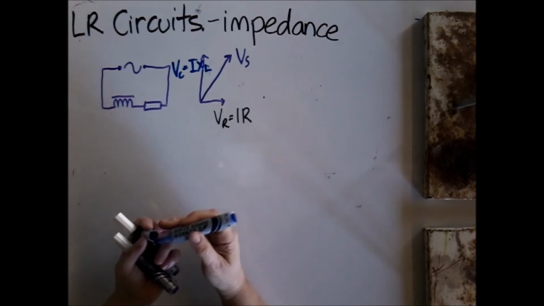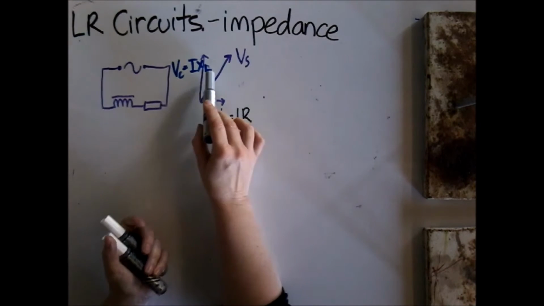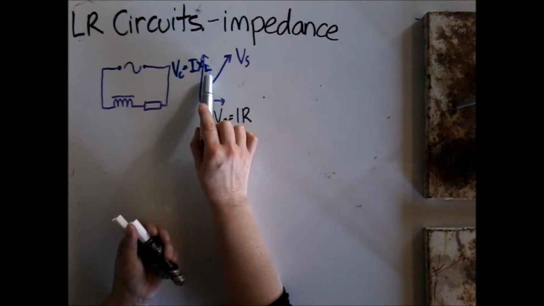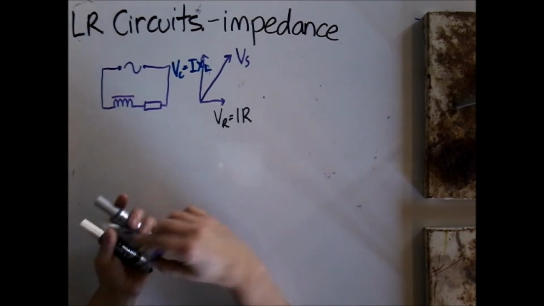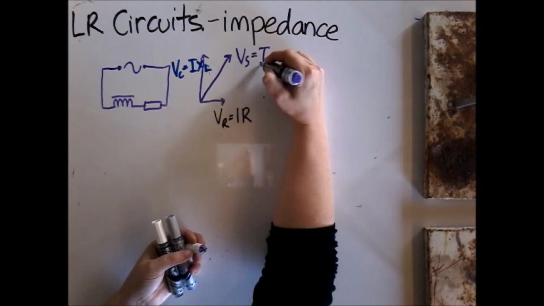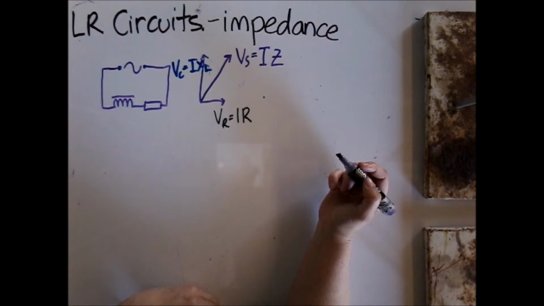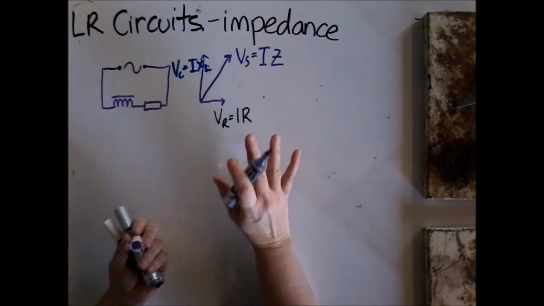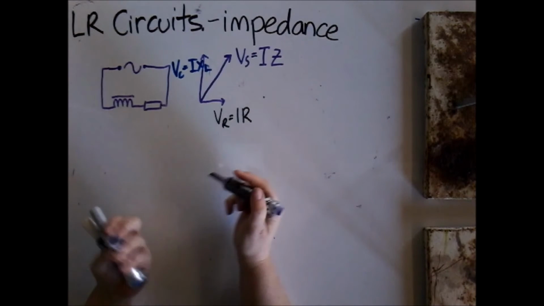Sorry about all the times I've possibly said capacitance in this video. You're just going to roll with it. And so we can say our supply voltage must now also be equal to IZ, the impedance of our circuit. And we can figure out what that is. Remember, I is the same in all of these.